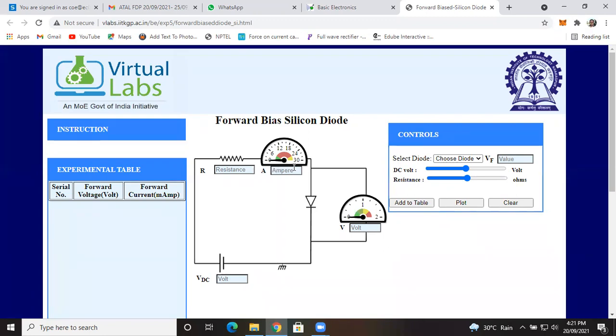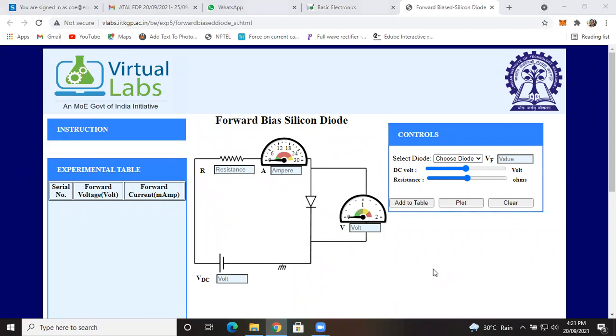That's why the ammeter is connected in series with the diode. And this is a current limiting resistance, which is required in series with the diode so that the resistor avoids damage to the PN junction diode. Now I will show you how this experiment actually works.